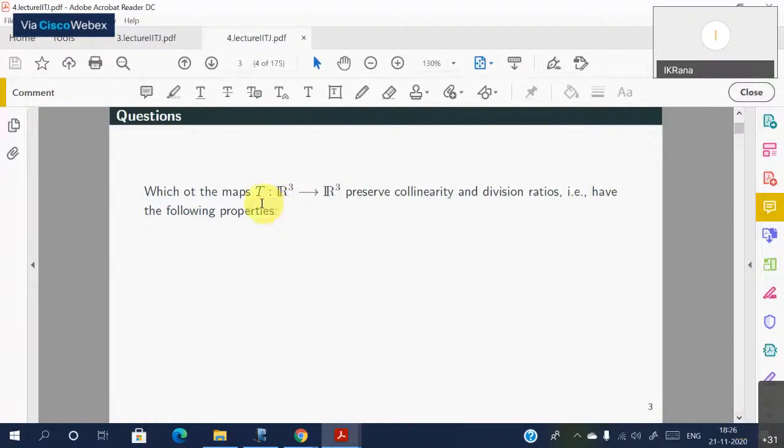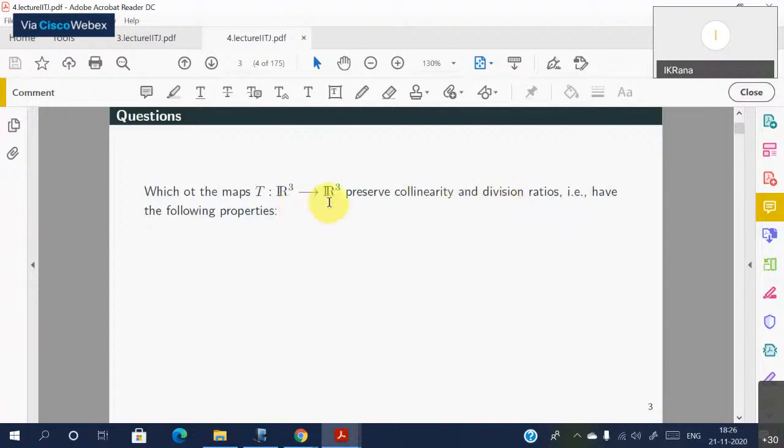To start with, let us ask the question: you take a function T, we normally call it a map, from the space R3 to R3, which preserves the geometry. So what is the geometry in R3? Collinearity: if 3 points are collinear. And then division ratios.